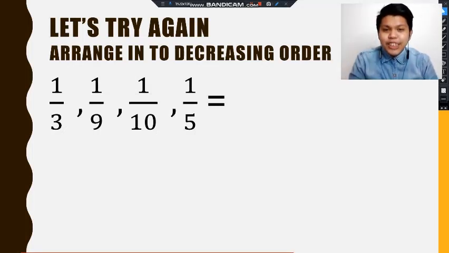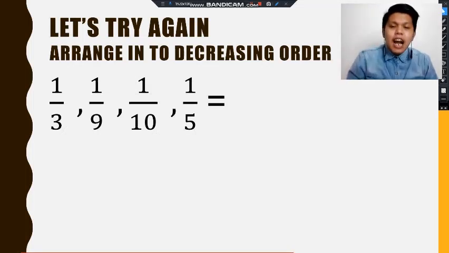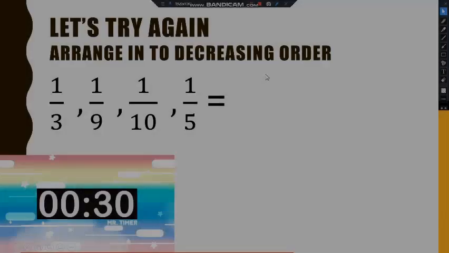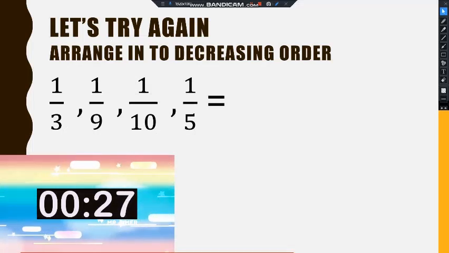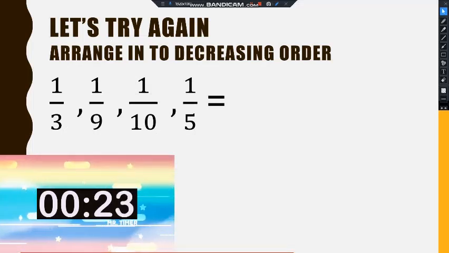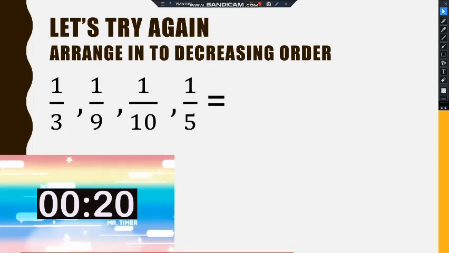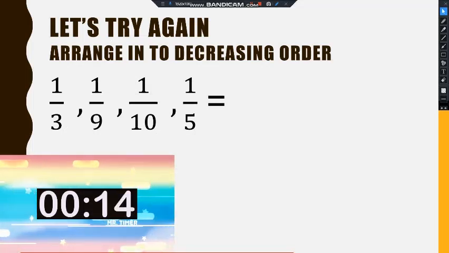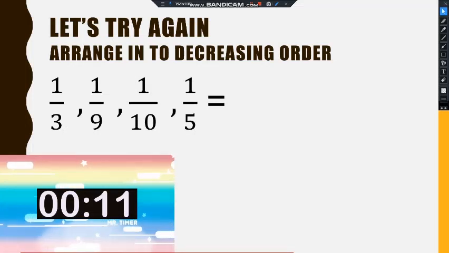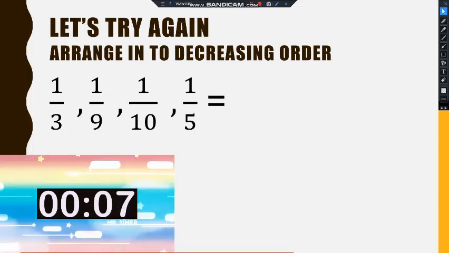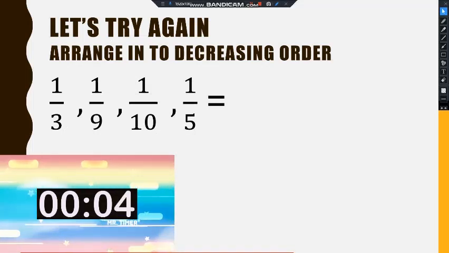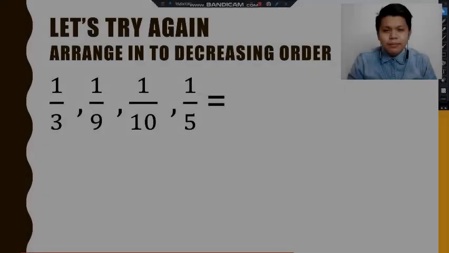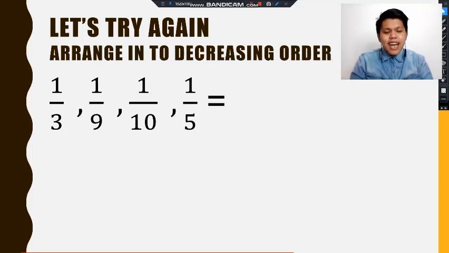I'll give you 30 seconds to try and arrange this into decreasing order. 30 seconds starts now. Time's up. Let's check your answers.